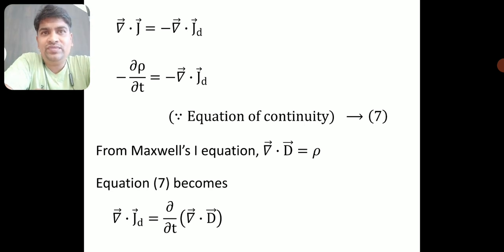Now Maxwell's first equation we derived in the last video. That was divergence of D is equal to, sorry, is equal to ρ. That I am substituting in the equation.